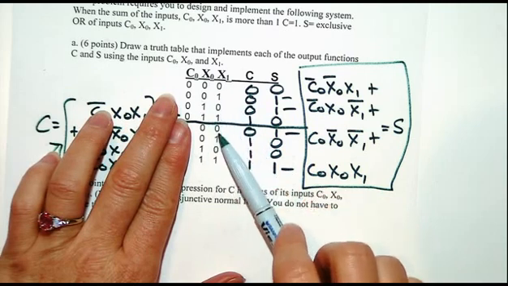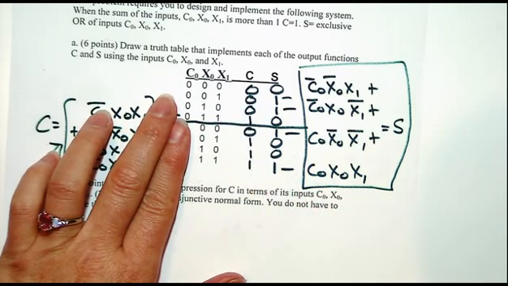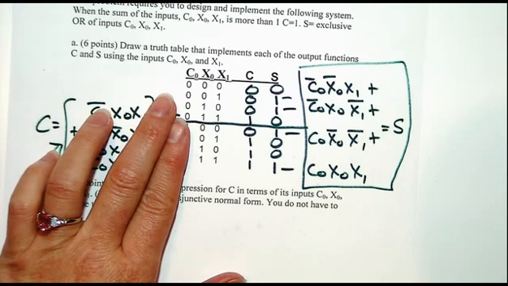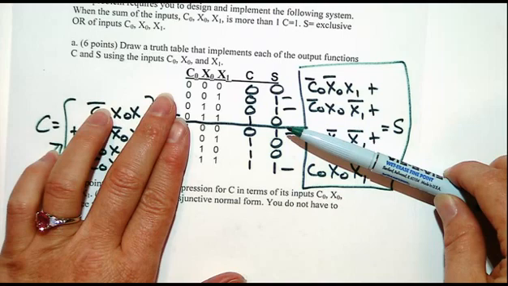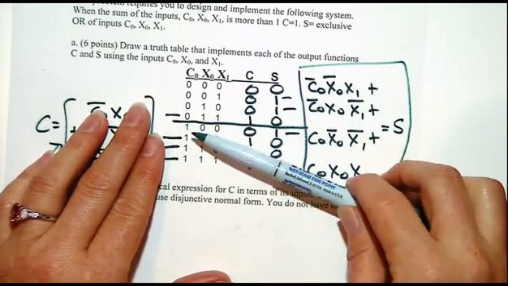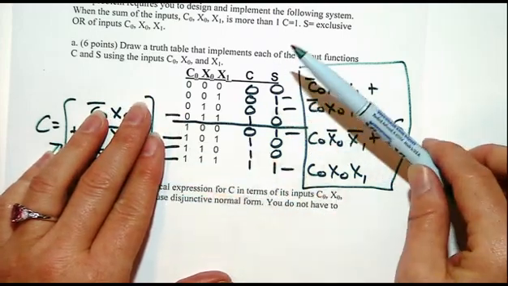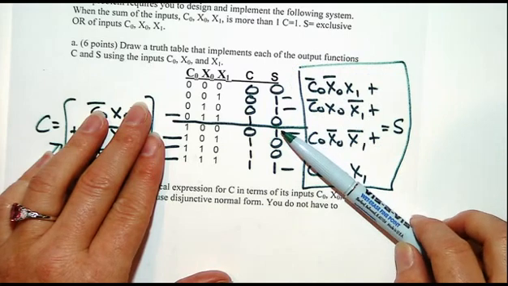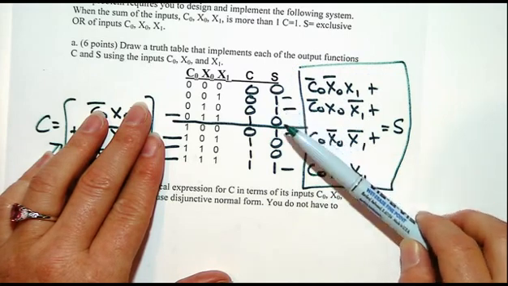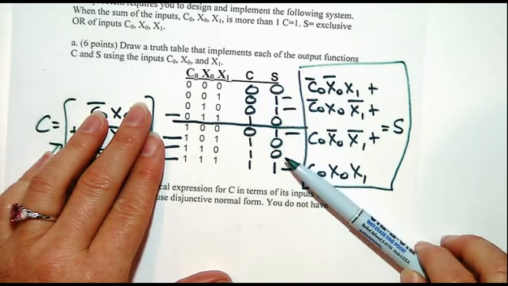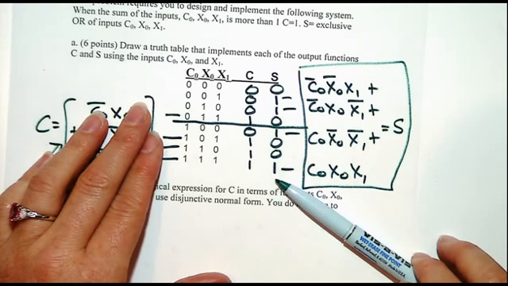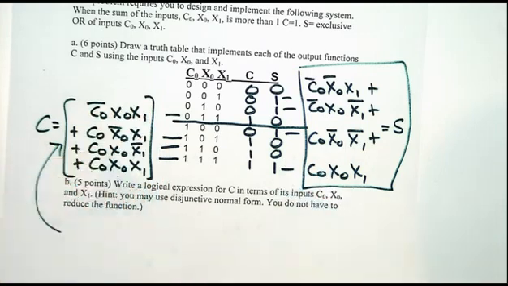If you look, these 2 tables are the same in the first 4 rows and the second 4 rows for X0 and X1. So if I did the exclusive OR for X0 and X1, I get the same output as the top. And then I exclusive OR that with C, which is all ones. So 1 exclusive OR 0 will give me 1. 1 exclusive OR 1 will give me 0. 1 exclusive OR 1 will give me 0. And 1 exclusive OR 0 will give me 1. Does that explain it?